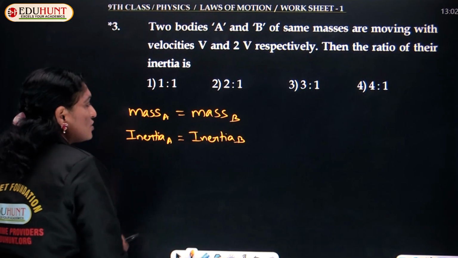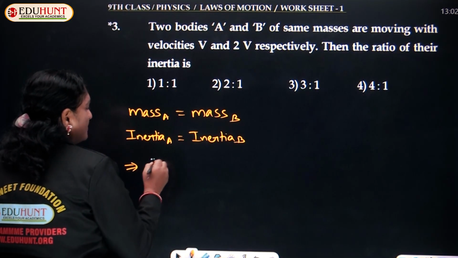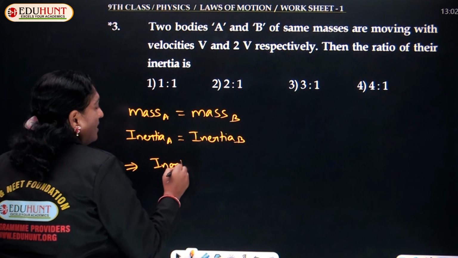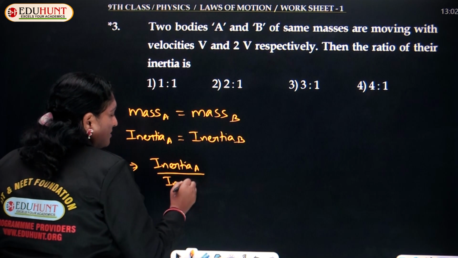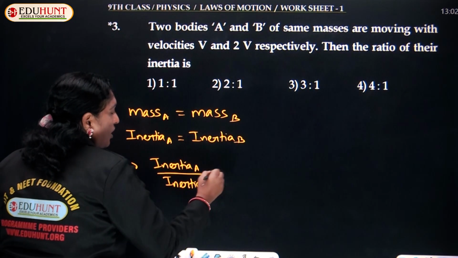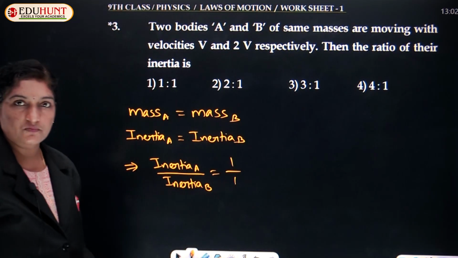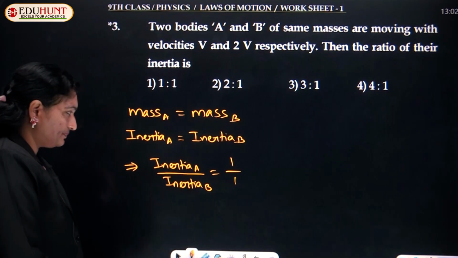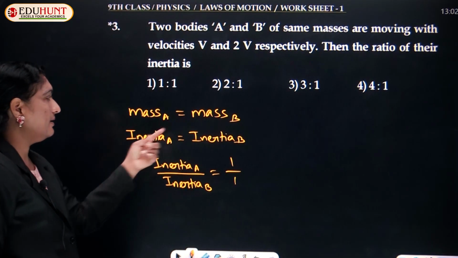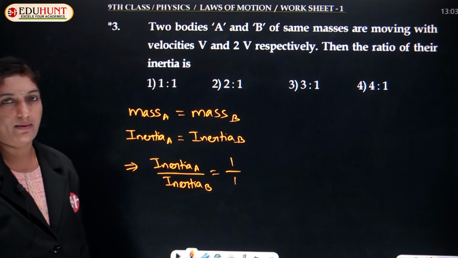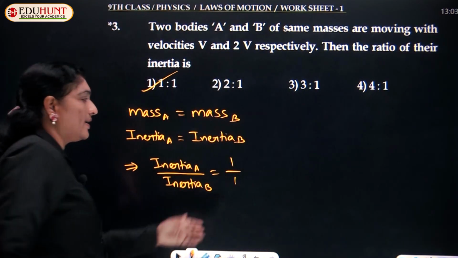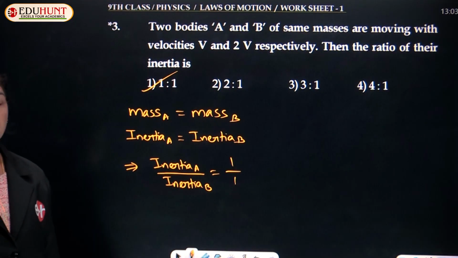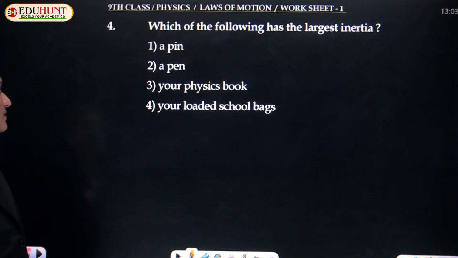If you take the ratio, the inertia of A to the inertia of B is 1 by 1, which is 1. So, 1 can be written as 1 by 1. Therefore, the ratio of their inertias will be 1:1. Okay, so now moving on to the next question.